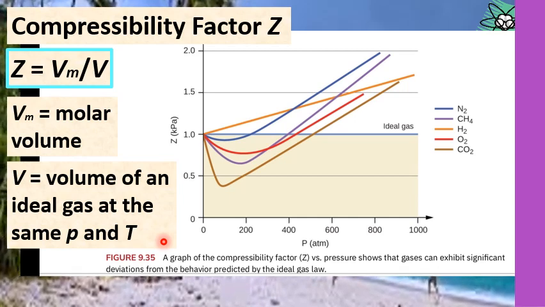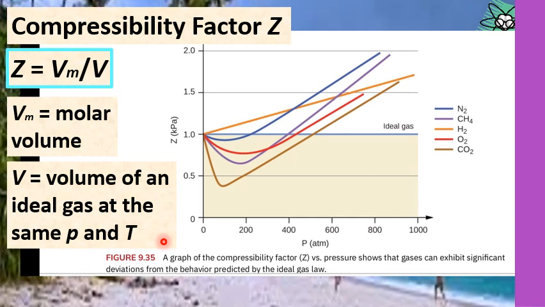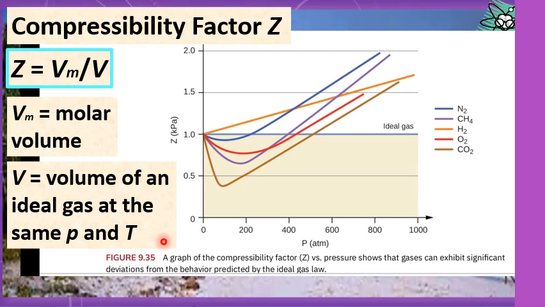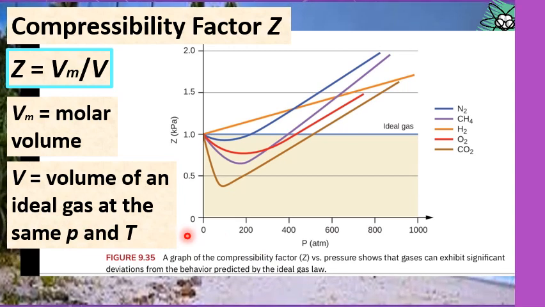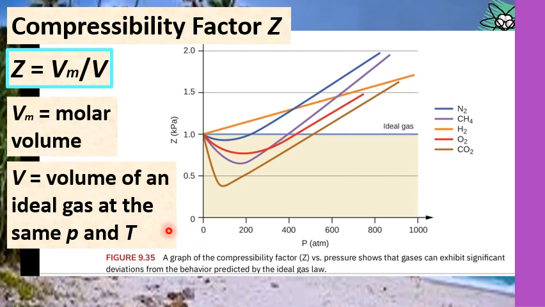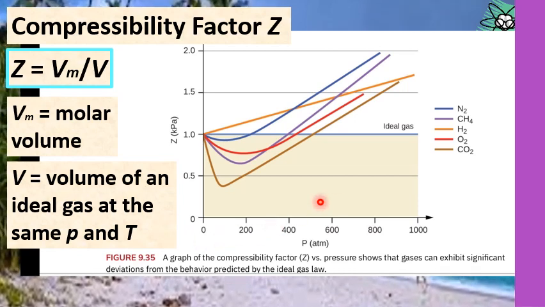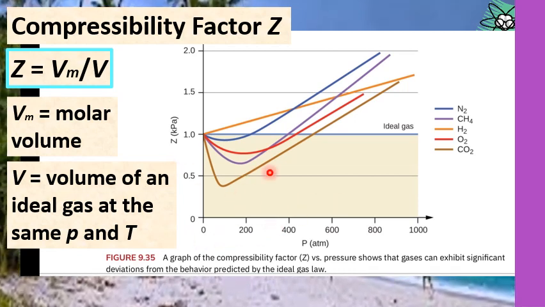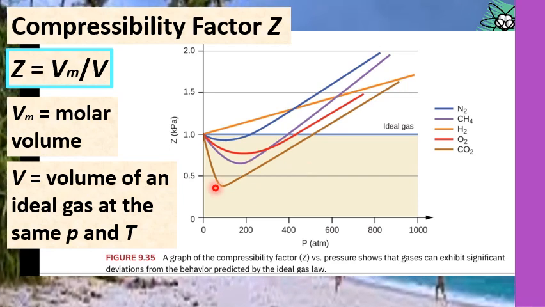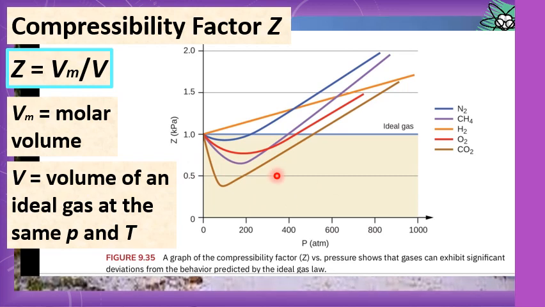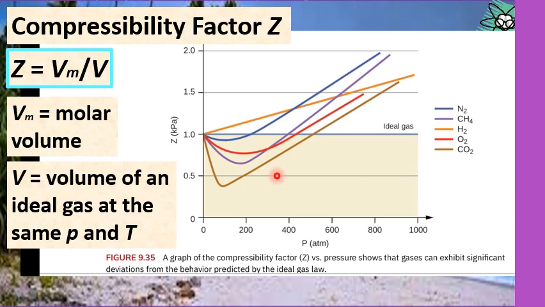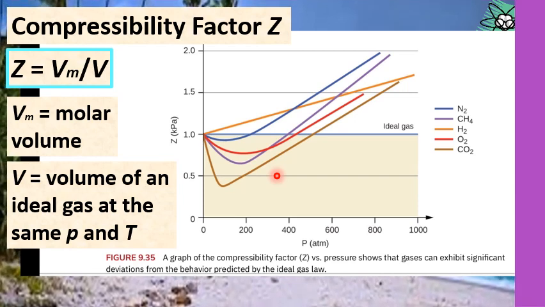All right? So if the compressibility factor of a gas is exactly equal to 1, that means the gas is an ideal gas. And deviations from Z equals 1 mean that the gas is not behaving like an ideal gas. All right?